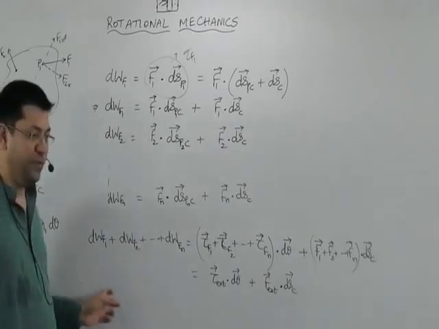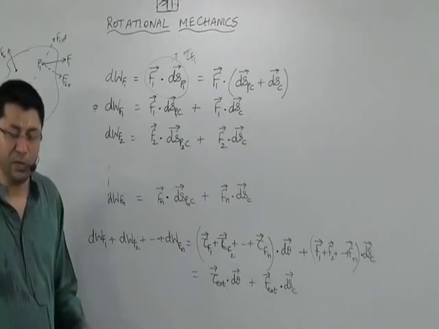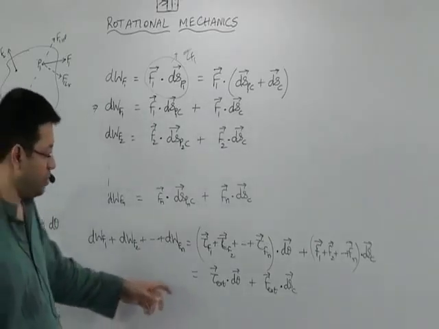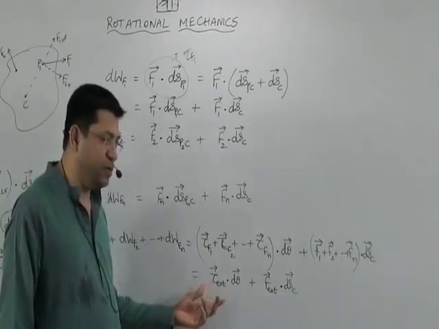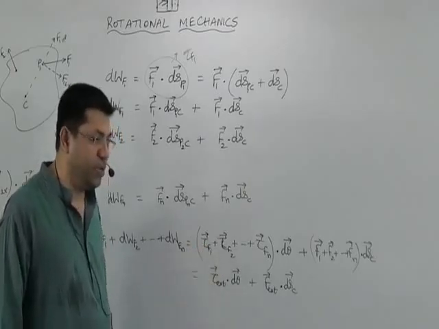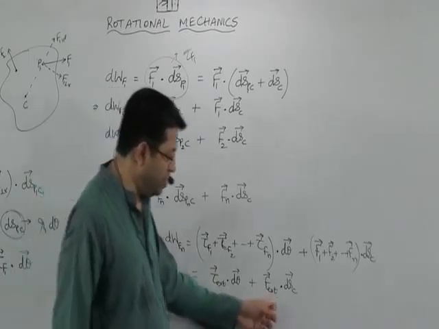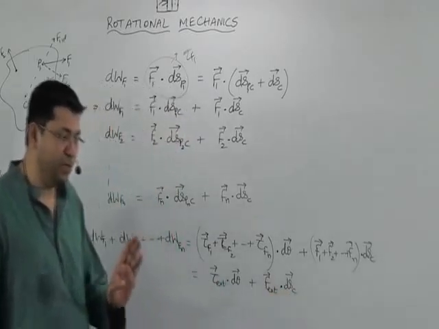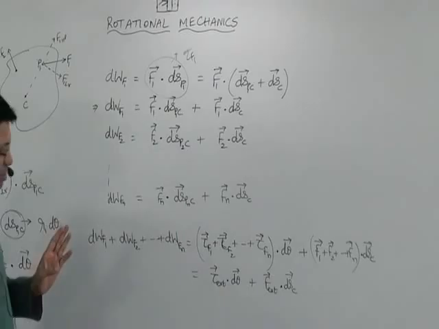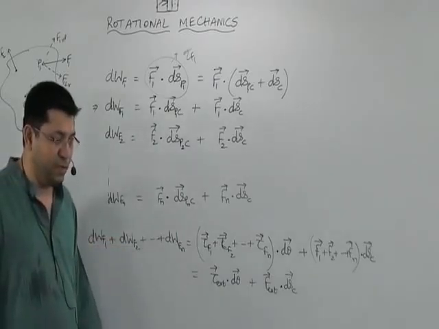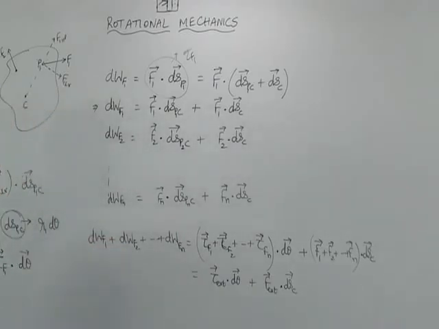So net differential work done by all the external forces put together will be differential work done in rotating the rigid body because of the torque produced by all these forces, and differential work done in translating the center of mass of the rigid body.